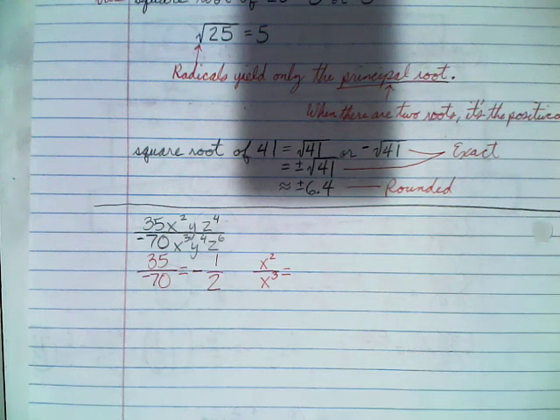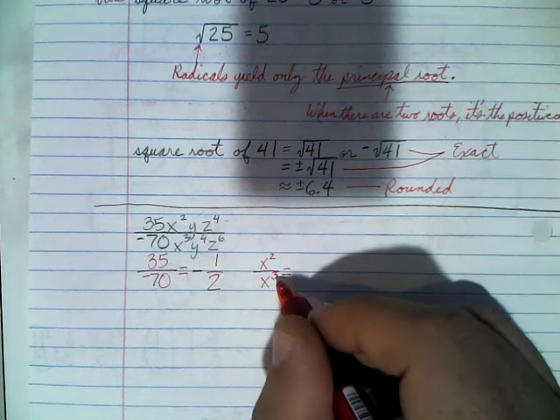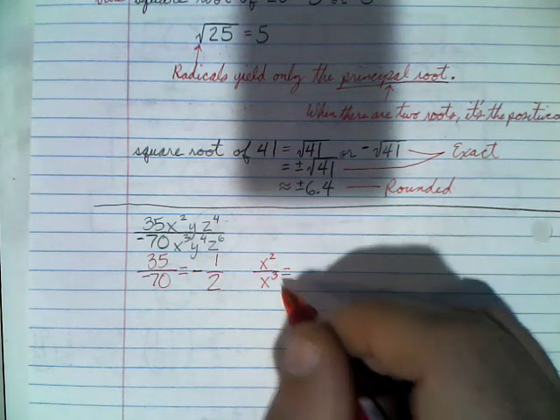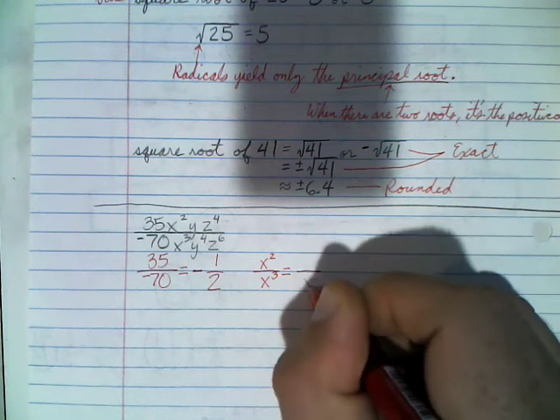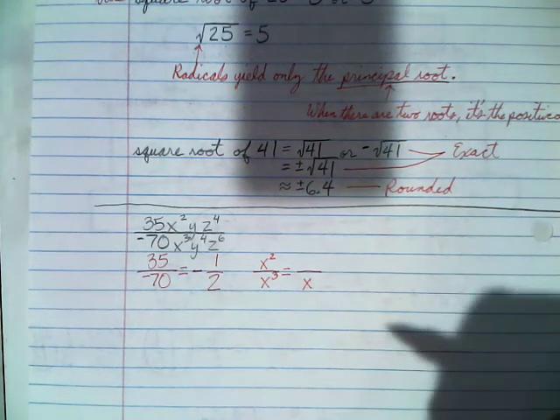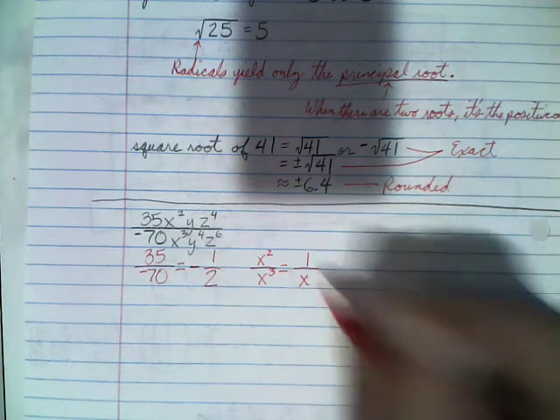negative exponents, just put your remaining variables wherever the higher exponent was. So if I treat this then like a 3 minus 2, I'm going to have 3 minus 2 is 1, but since 3 is bigger, I'm going to have my x to the first power down on the bottom.